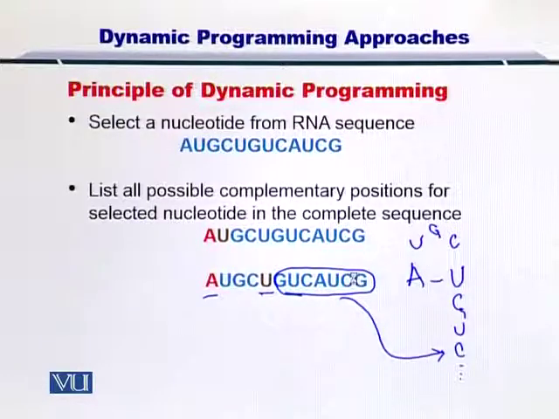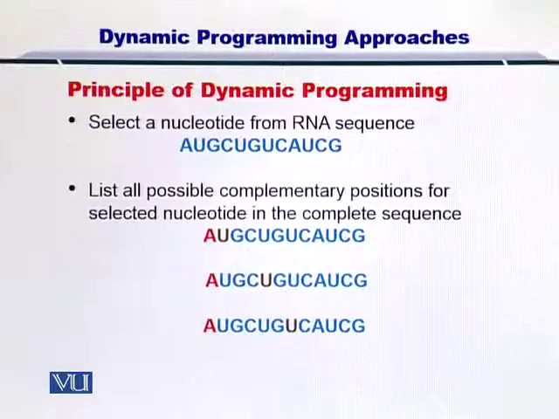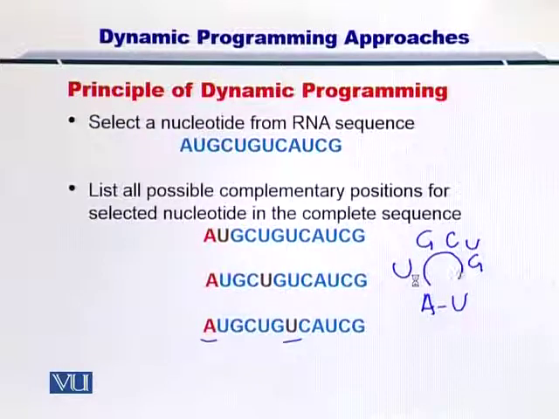Let's take a look at the third form. What if the first A makes a bond with this U? So in this case, of course, A will be bonded with U, U, G, C, U, G will be forming the loop of this hairpin, and there will be the remaining nucleotides on this side.